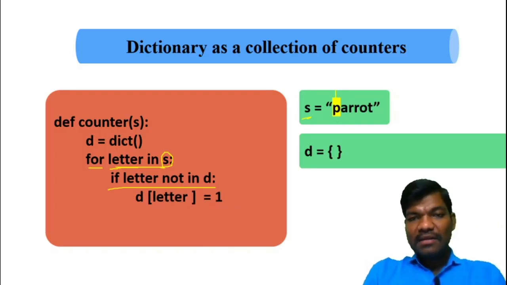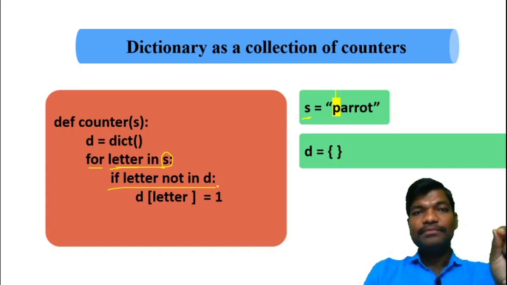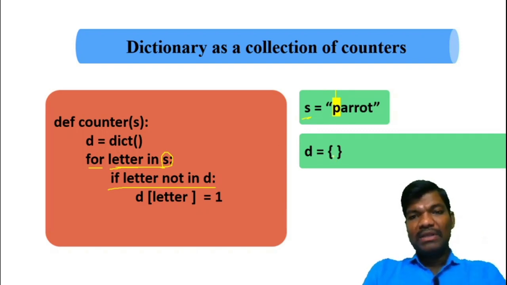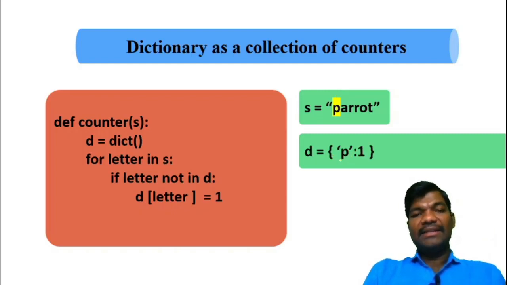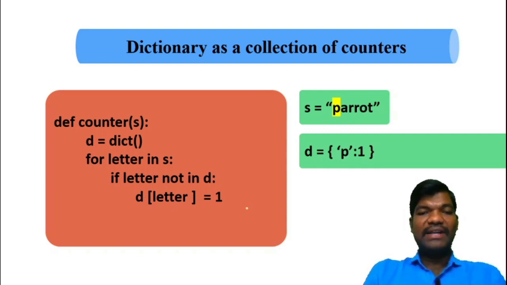Check the condition. P is available or not? No. So if letter is not in d is true. P is not available in the dictionary. So add like this: d[letter], P, equal to what is the value? 1. So d[letter] is a key and the value is 1.